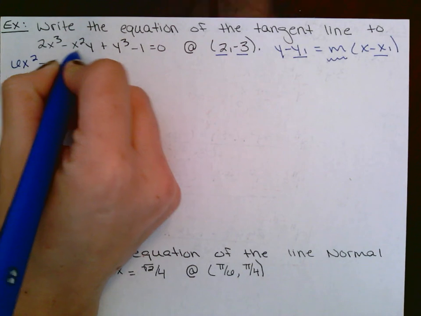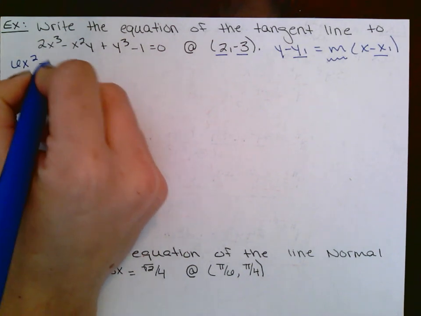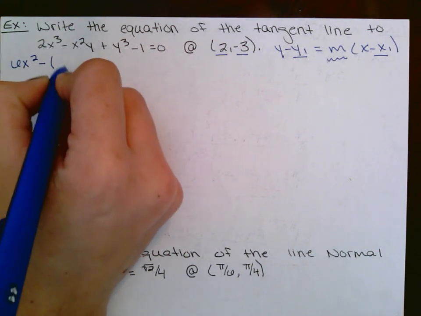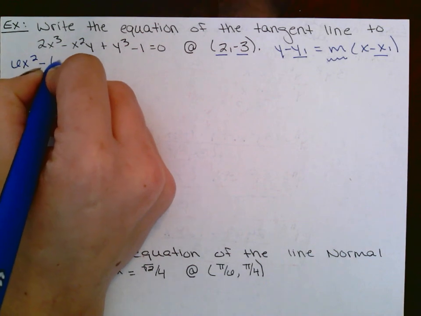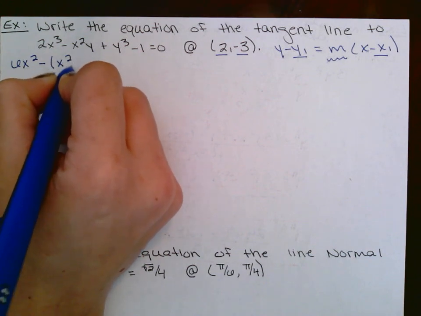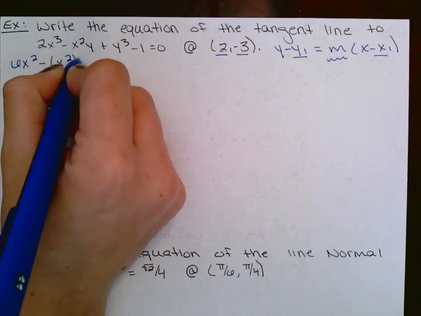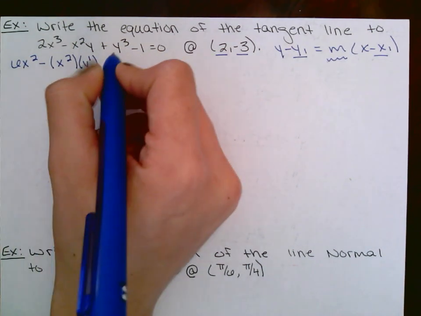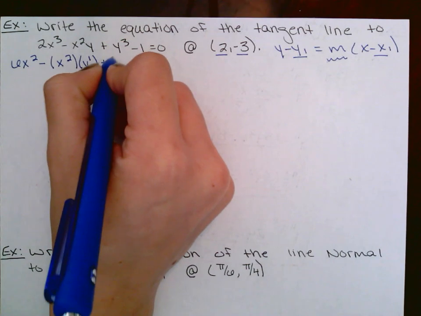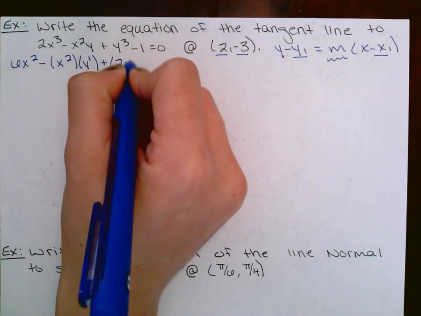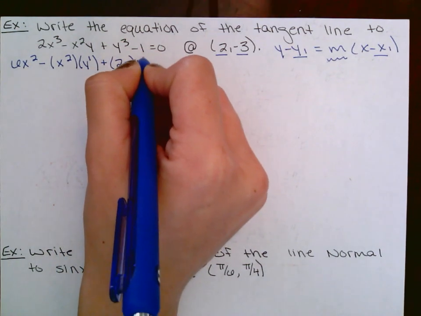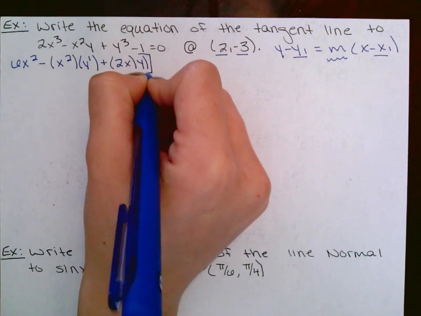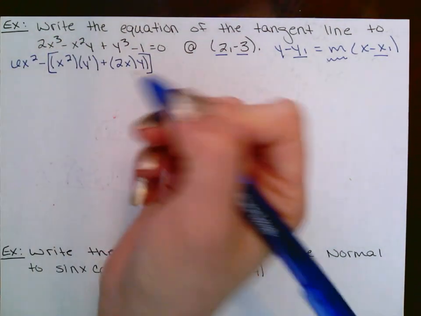Minus, here I have multiplication, so I'm going to have to do product rule. Okay? So I have first times derivative of the second. Okay? Plus derivative of the first times the second. Okay? That's my product rule.